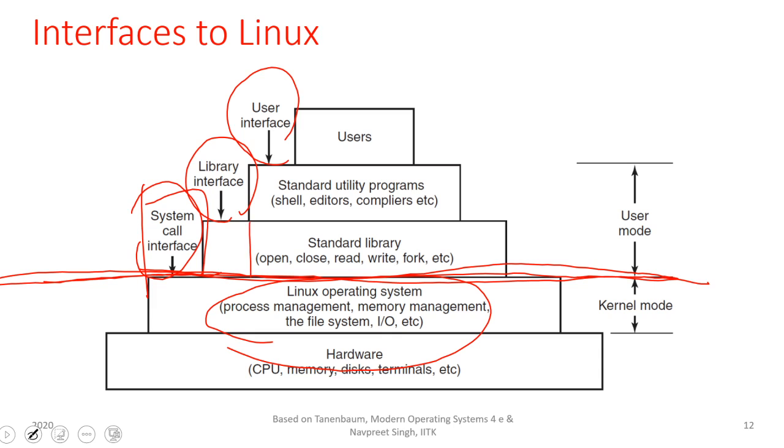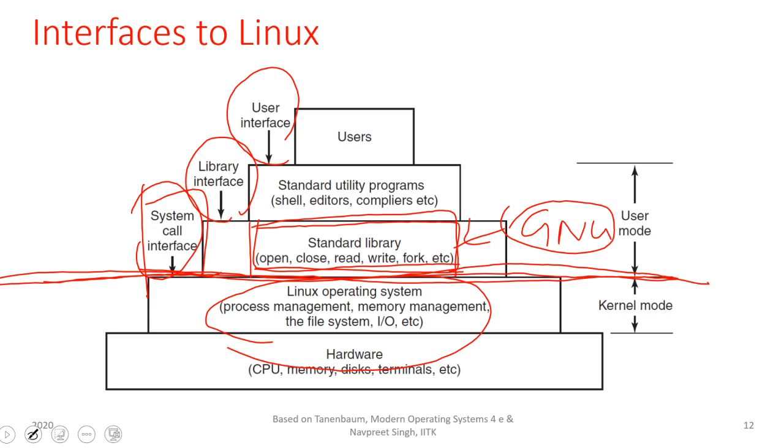Then the standard libraries on top of the kernel level, which in a GNU Linux operating system are the GNU libraries, can be accessed through the library interfaces. And some of the standard utility programs, which again can come from GNU, can be accessed using the user interfaces.